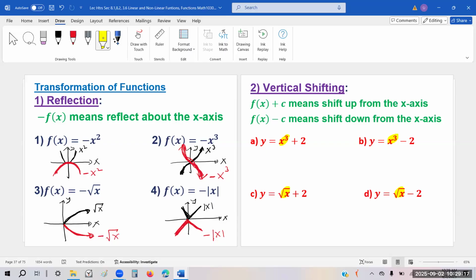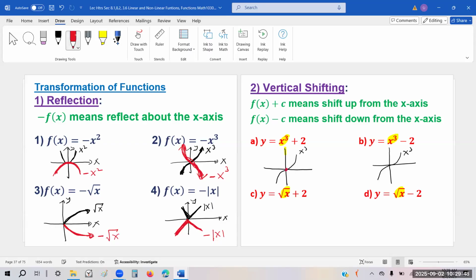So when you draw the original x cube, it is this. Take the original x cube and especially take the origin. Move this origin 2 units up. Move this origin 2 units down.